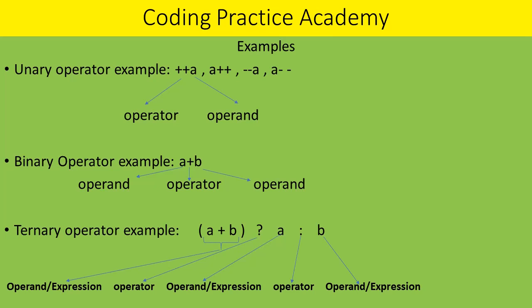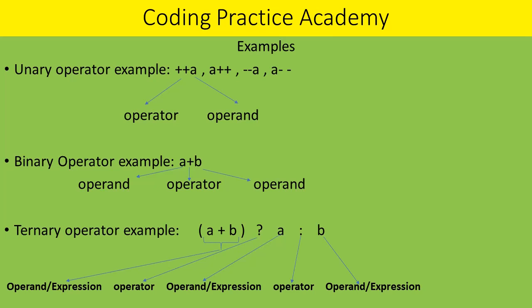In the ternary operator, the definition says a ternary operator is an operator that takes three operands. So what are those operands? The first, in brackets, is the condition A plus B. So this is the first operand, A plus B in the bracket. Next, the question mark. The question mark is actually an operator.